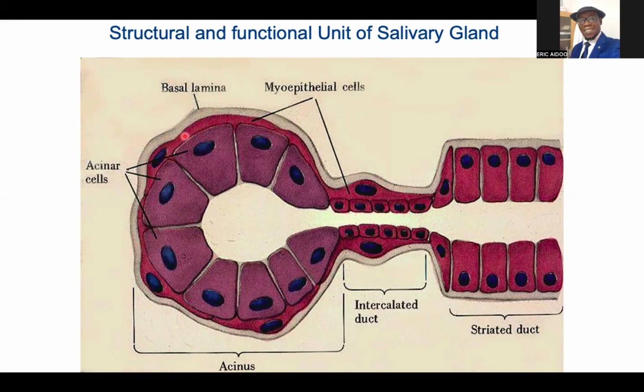You can see that the myoepithelial cells extend all the way to the end of the intercalated duct, which will have some cuboidal cells, or sometimes high squamous or low cuboidal. Then with the striated portion, you have columnar cells.